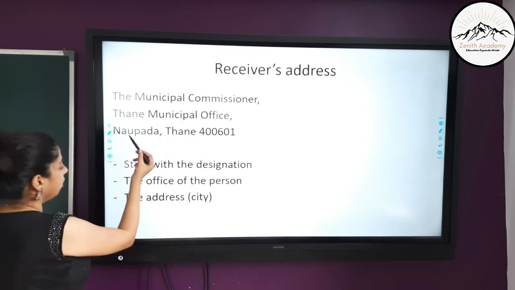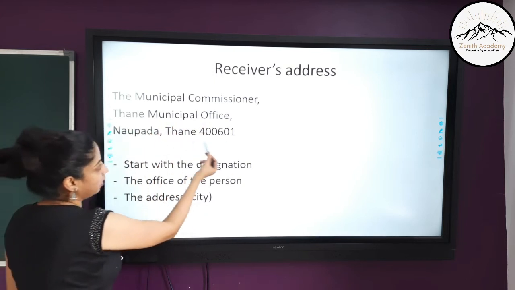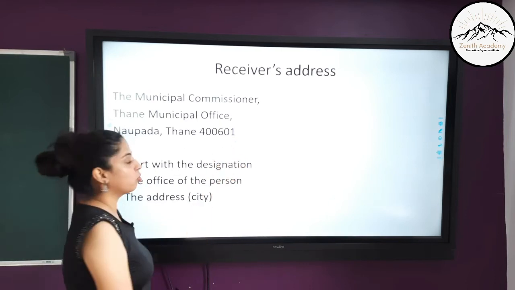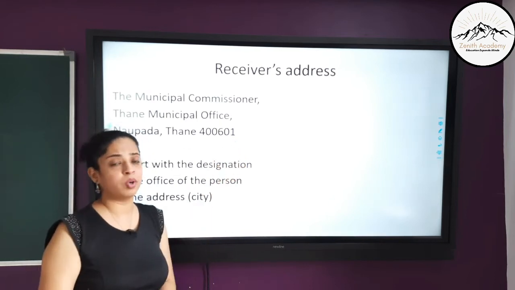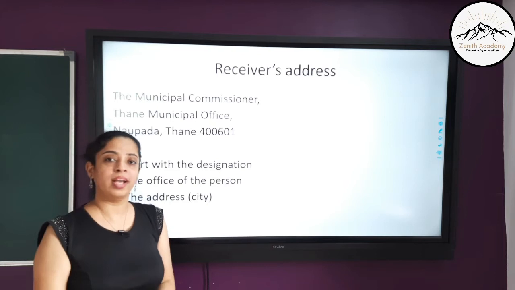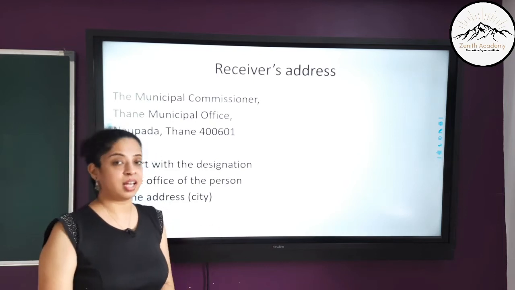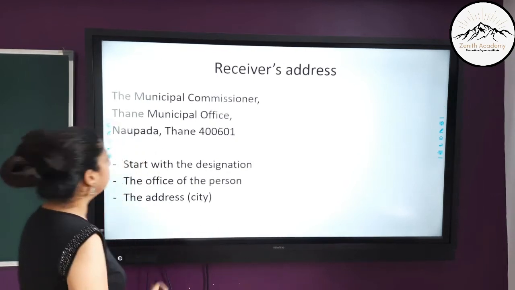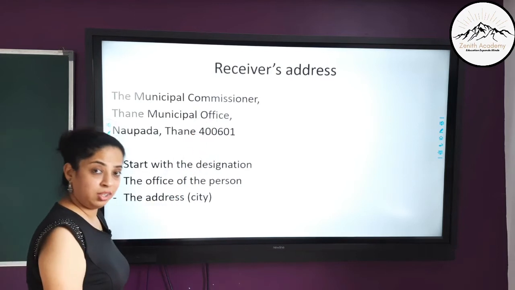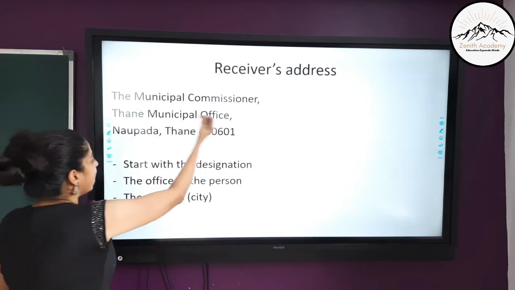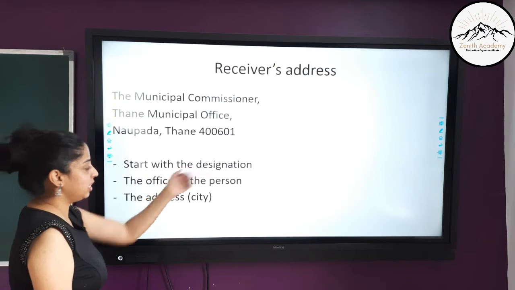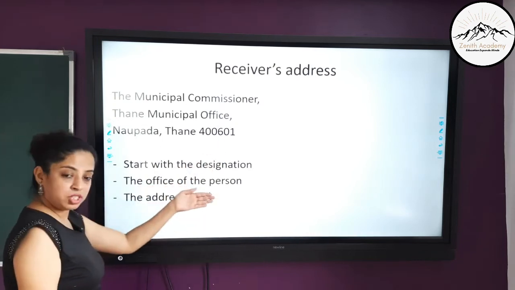Then you write the address, Naupada, Thane, and pin code. If you are told by school to write the pin codes, do write them. If you are advised not to write, then don't. Both addresses are accepted by the ICSE board. Try to cover it in 3 to 4 lines. The first line should mention the designation. The second line should mention the office of the person.